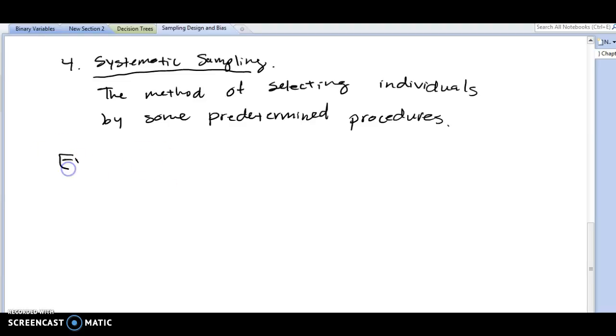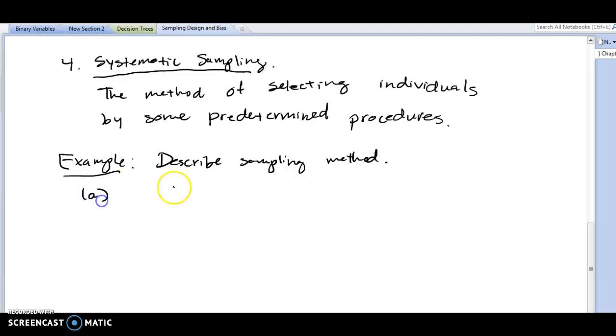So let's look at an example and just kind of identify these things. Describe the sampling method. Basically we have a random sample of 300 passengers on the flight, and we're going to select samples in the following ways. The first one, pick every 10th passenger. This would very clearly be systematic.